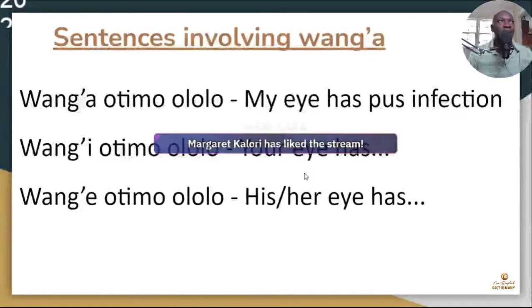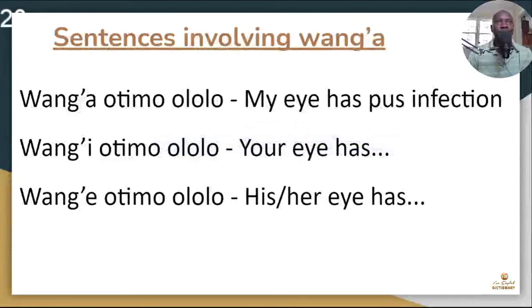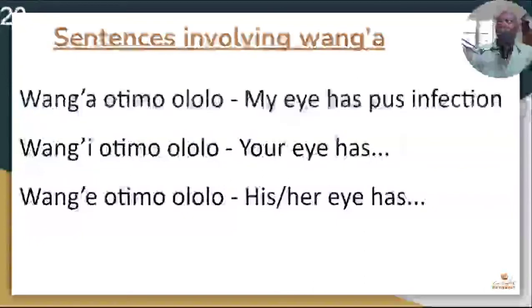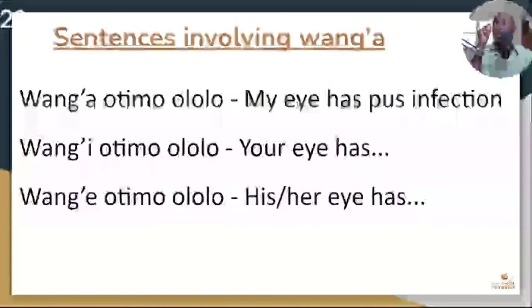If you have 2 eyes, you say wenge. So in sentences you can say wang'a otimo ololo. Now ololo is this, when you wake up in the morning, there's those things that come into your eye when you just woke up.